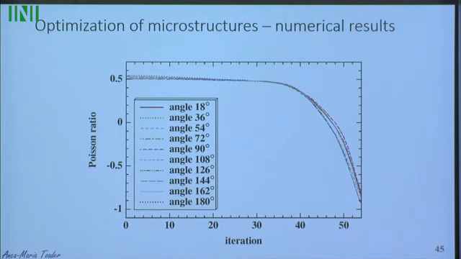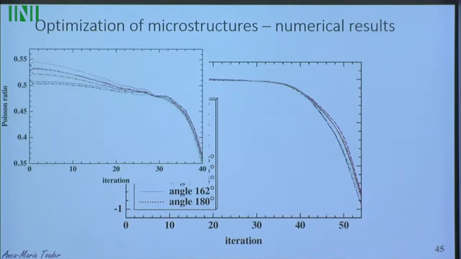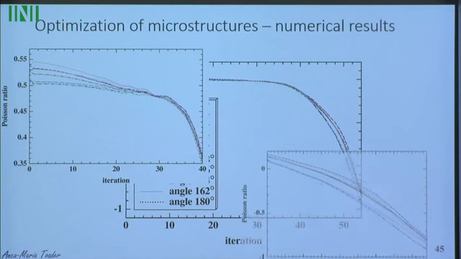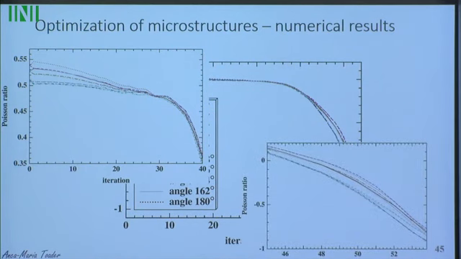So we considered from 0 to 180 degrees and divided this in 10 angles and considered each one of the directions and optimized at the same time these functionals, these coefficients. And here we have a zoom of the first 40 iterations and the zoom of the last 10 iterations.